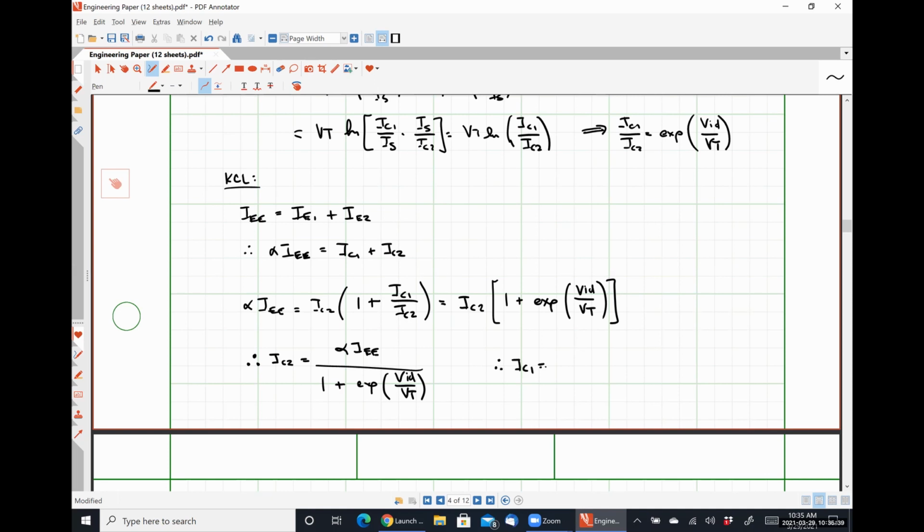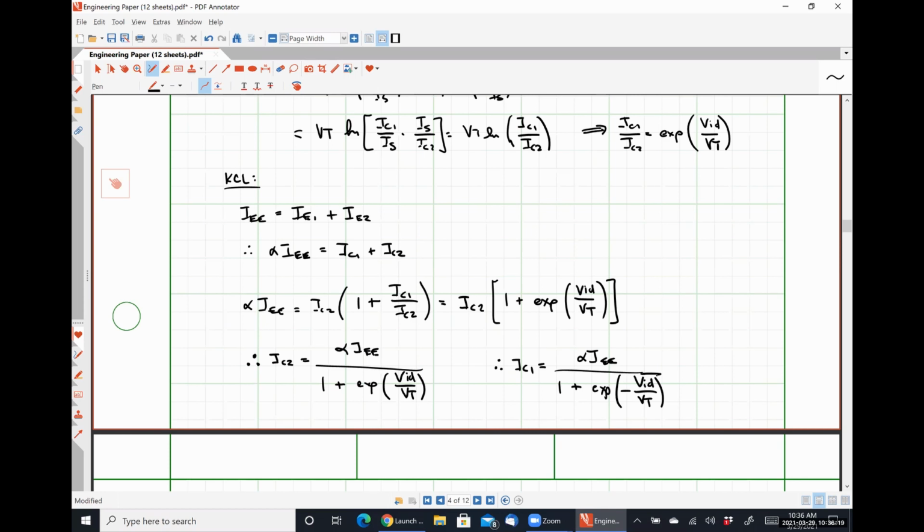I can do a similar set of operations, and I'll find that IC1 is alpha IEE divided by 1 plus the exponential of negative VID over VT. And now I have a means by which to combine these and figure out what delta IC will be in terms of VID.